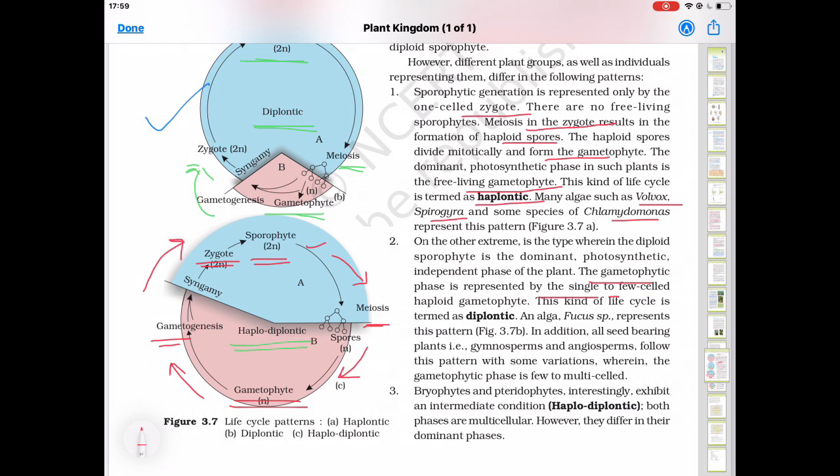Like in gymnosperms, archegonia and pollen grain represent the gametophytic phase. This kind of life cycle is termed as diplontic.